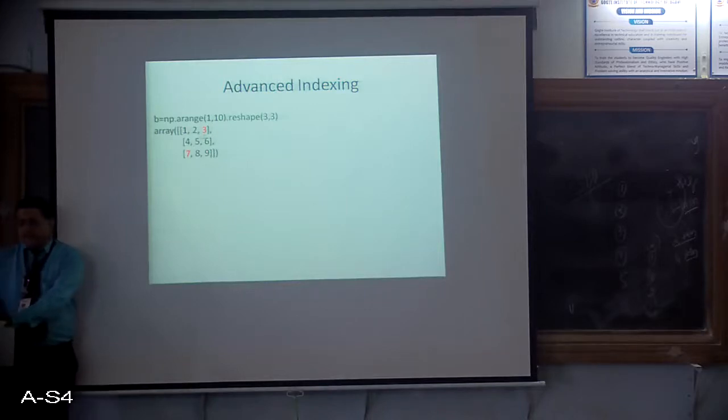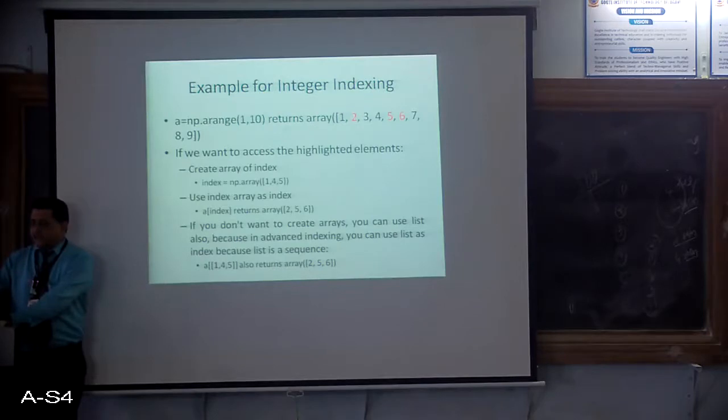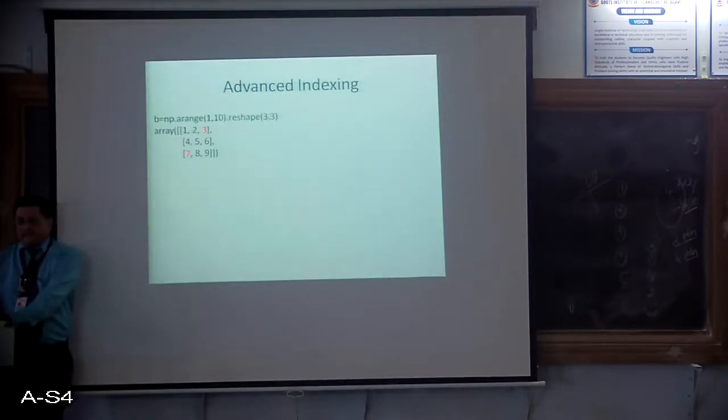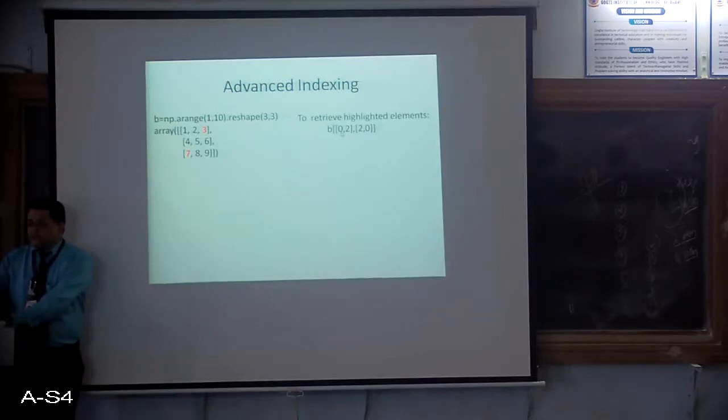I want to retrieve 3 and 7. How do I do that? Earlier we saw advanced indexing on a single-dimensional array. On a two-dimensional array, note where 3 and where 7 are, and then you can index it. 3 is in row 0 and 7 is in row 2.